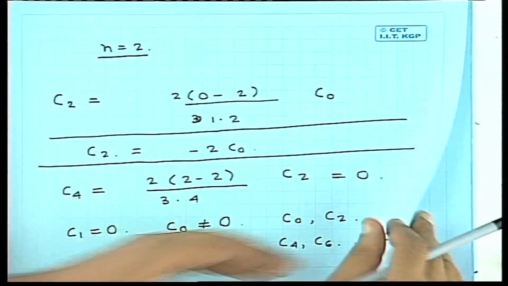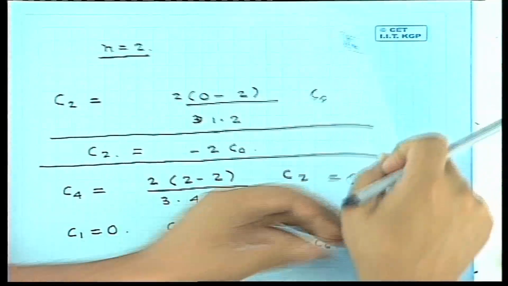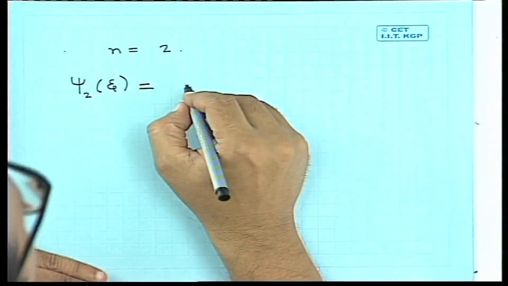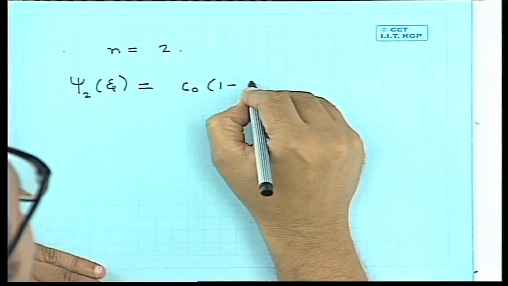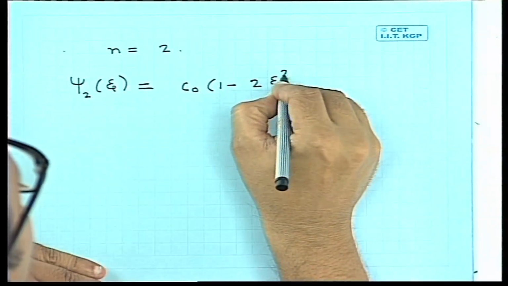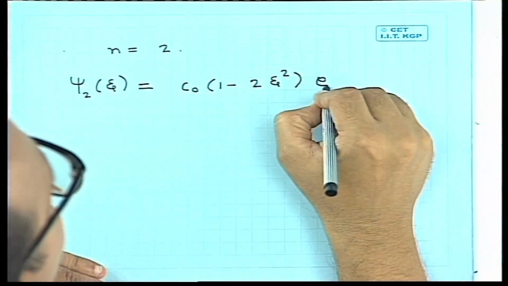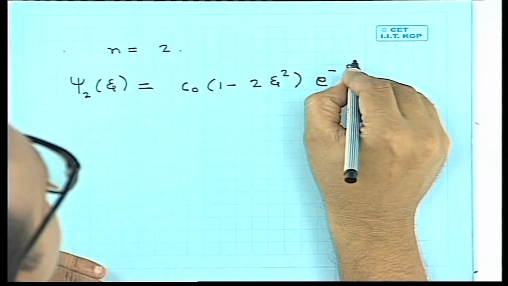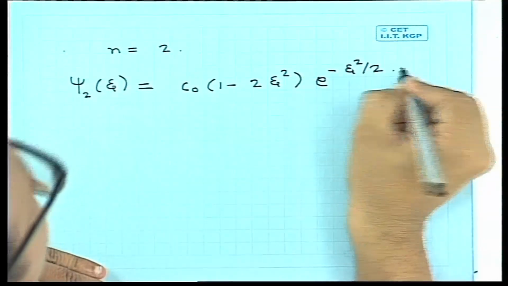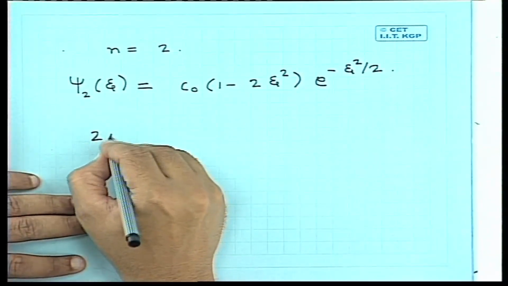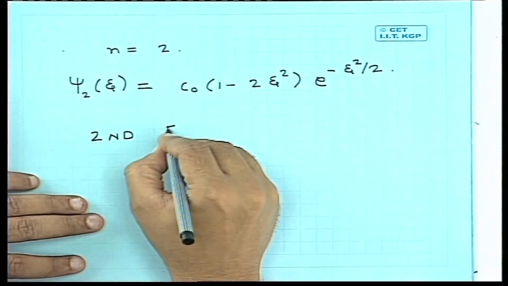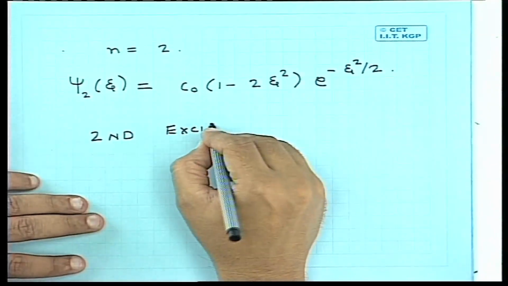So we can write this as C0 into 1 minus 2 xi squared, e to the power of minus xi squared by 2. So this is the second excited state.